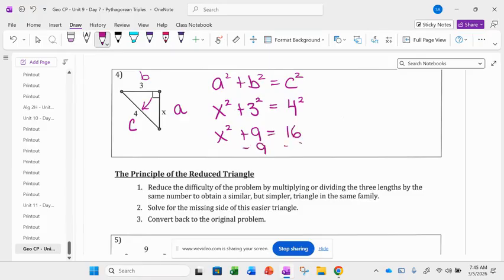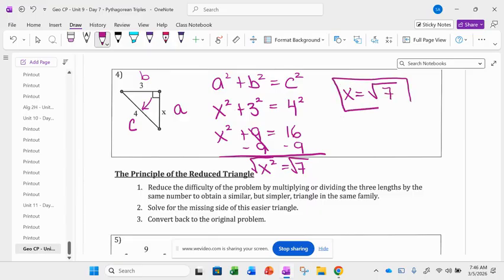I'm going to subtract that 9 on both sides. And we're going to get x squared is equal to 7. And now we square root both sides. And I get x is equal to the square root of 7. There's no pairs in 7, so I stop there. Square root of 7 is very different than 5, right?